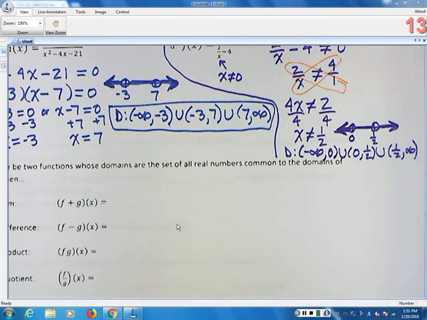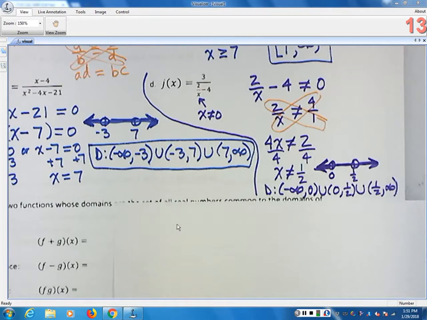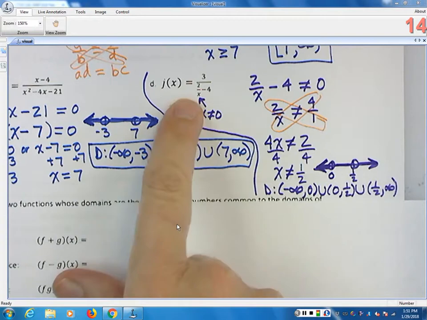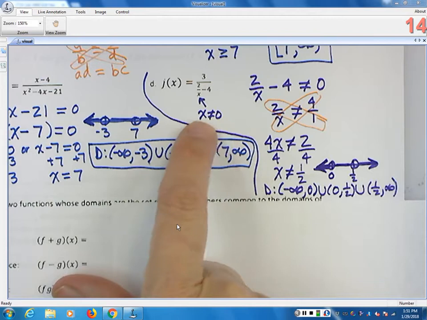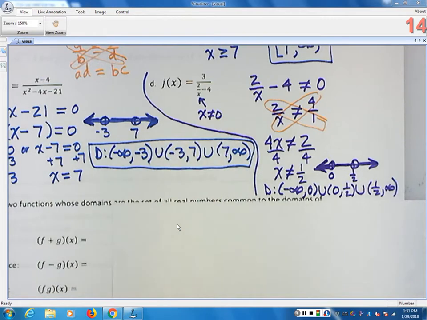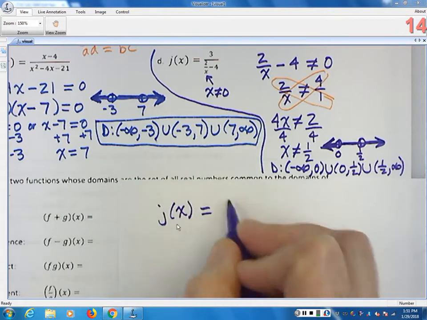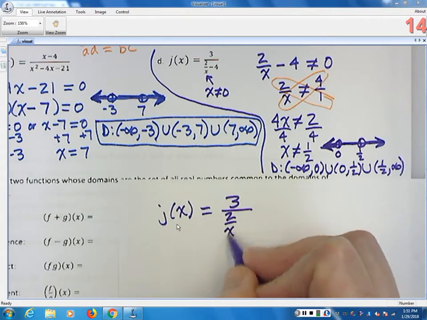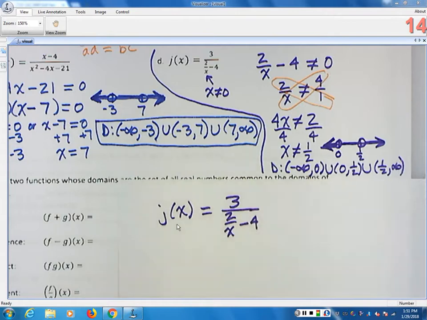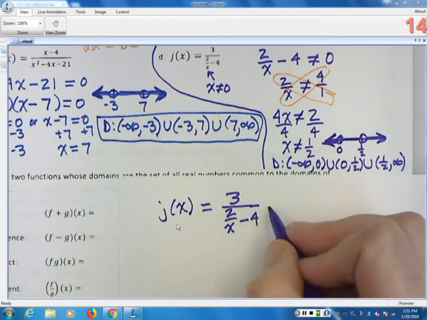All right. Okay, so the other thing we could do is I could simplify that denominator first. And there's many ways to simplify that denominator. But we do have to first make sure we look and see that there's an inside denominator. We do have to note that x can't be 0. If you were going to simplify j of x, 3 over 2 over x minus 4, I found that the easiest way to do that is to multiply.